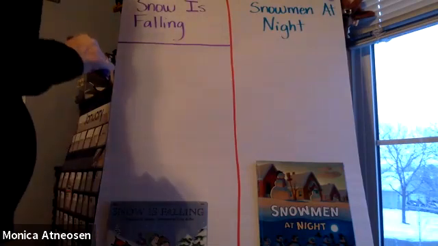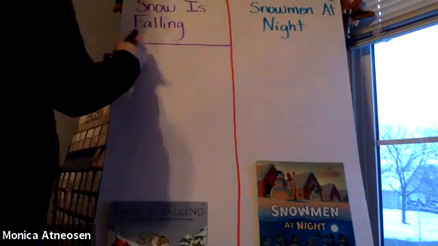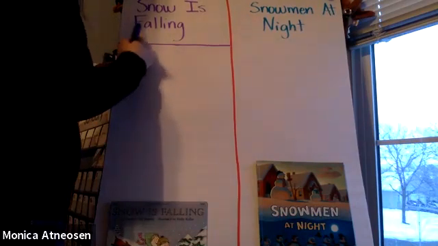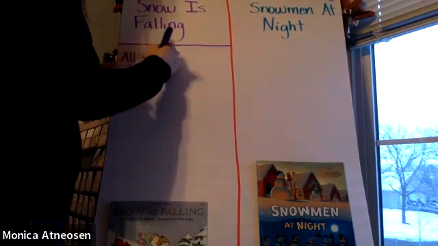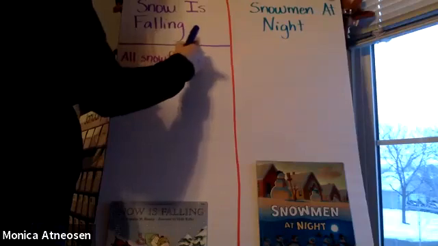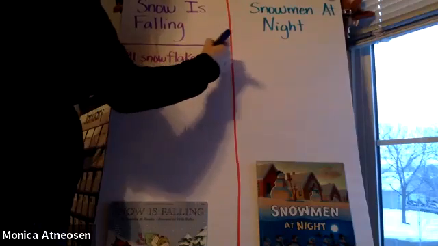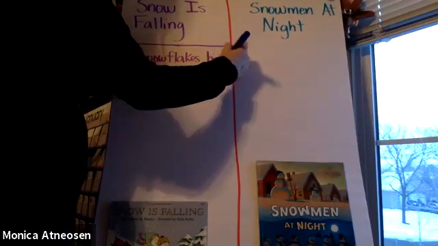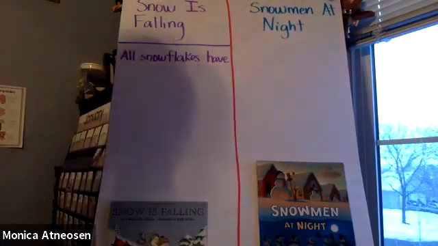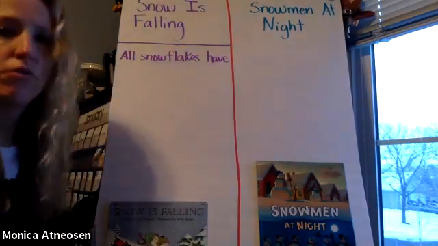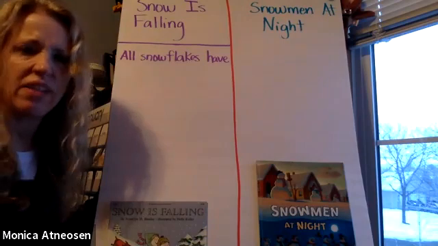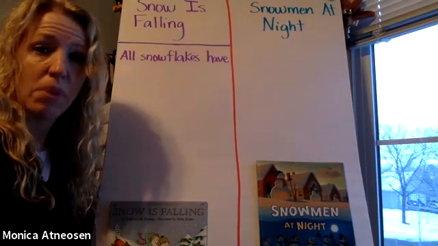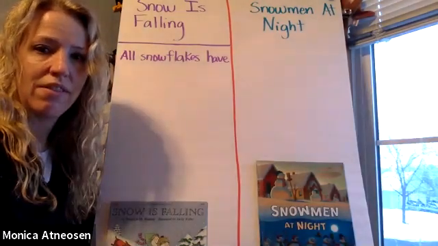Well, let's see. What did we learn? All snowflakes have, do you remember how many sides? All snowflakes have how many sides? You remember? You can say it. 6.